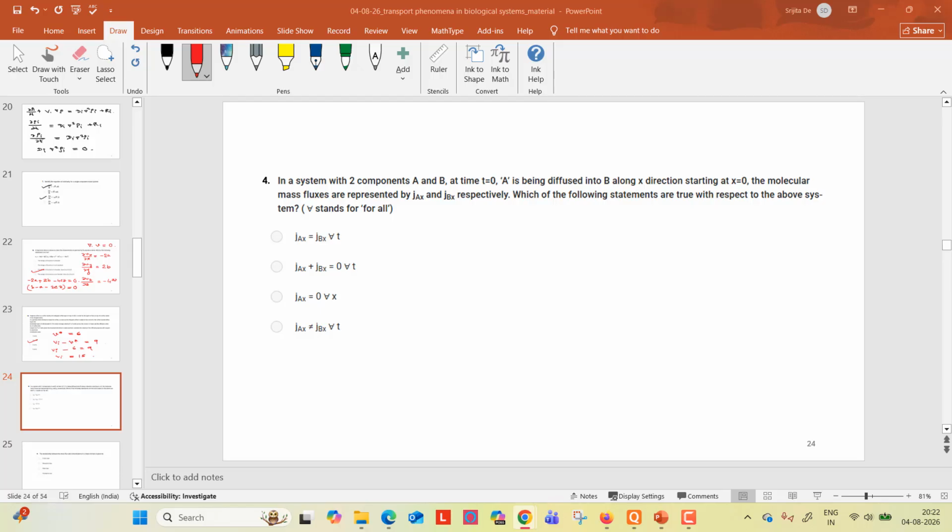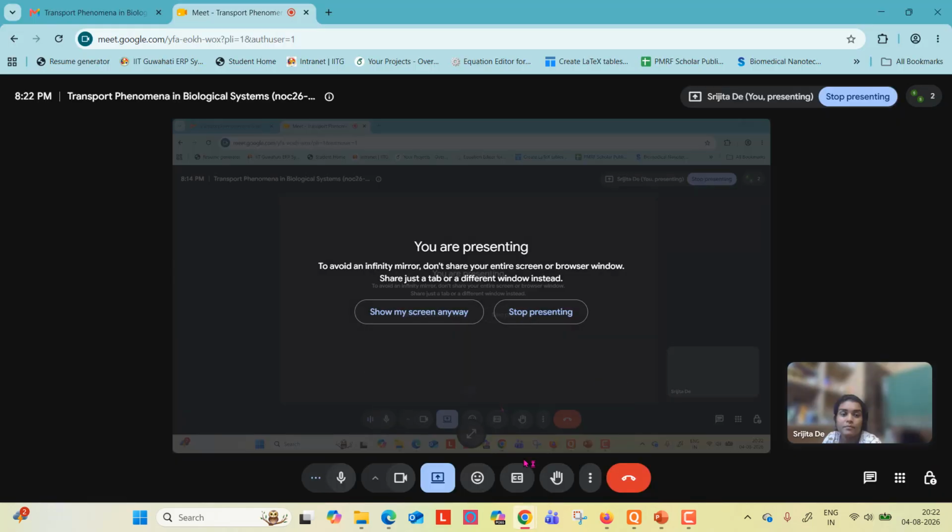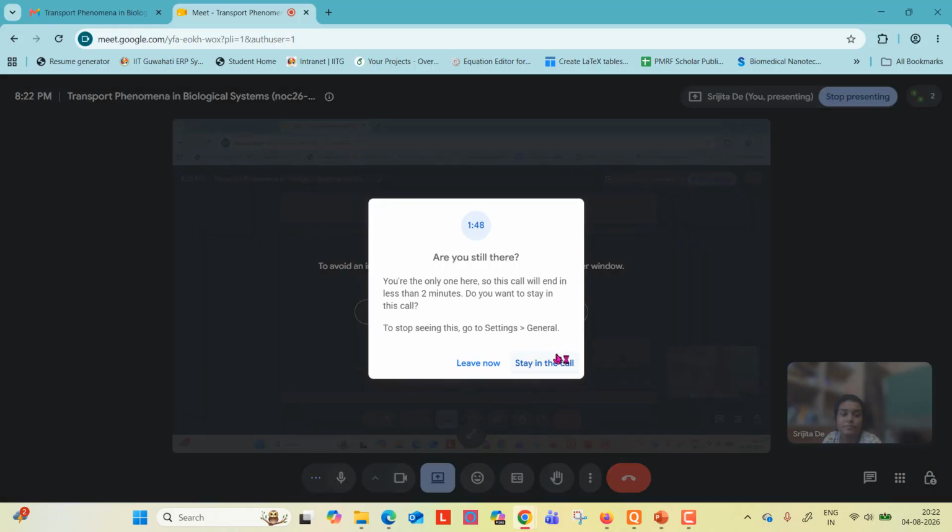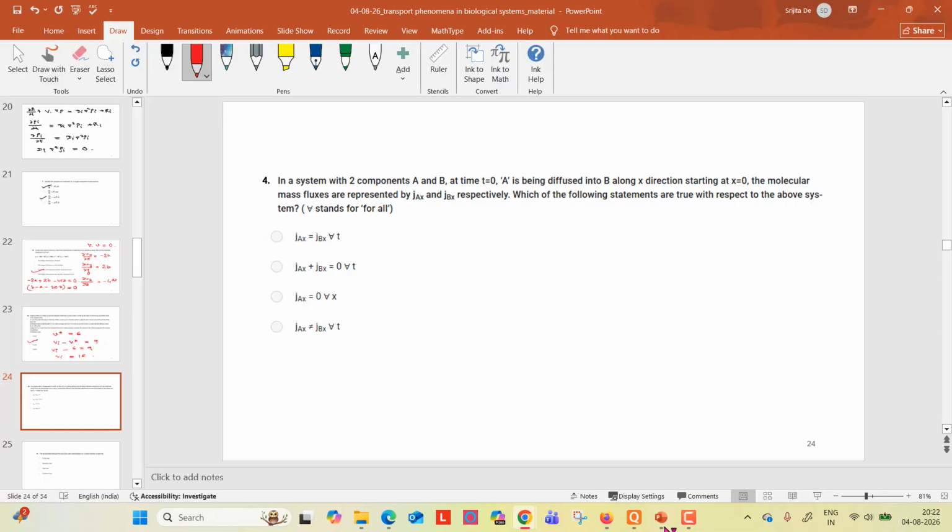The molecular mass fluxes are represented by Jx and Jbx respectively. Which of the following statements are true with respect to the above system?